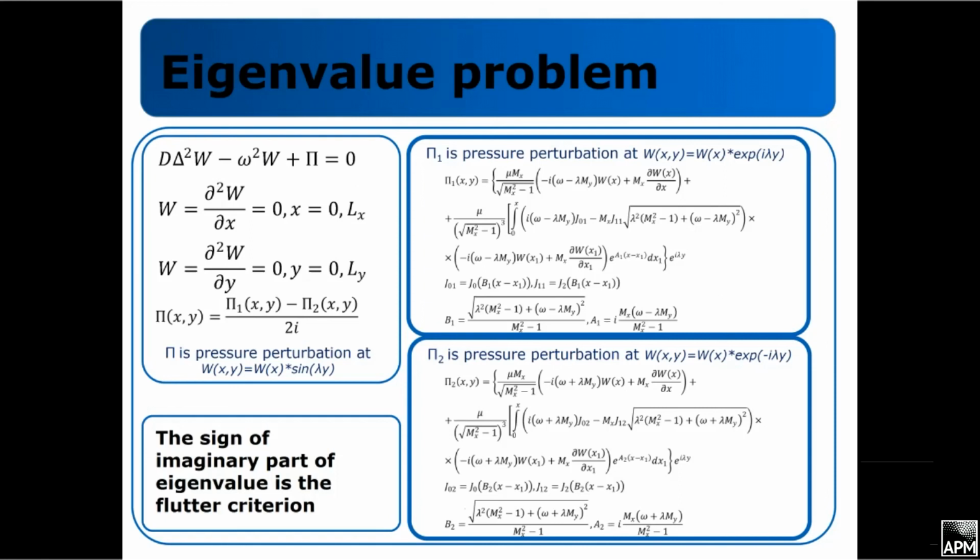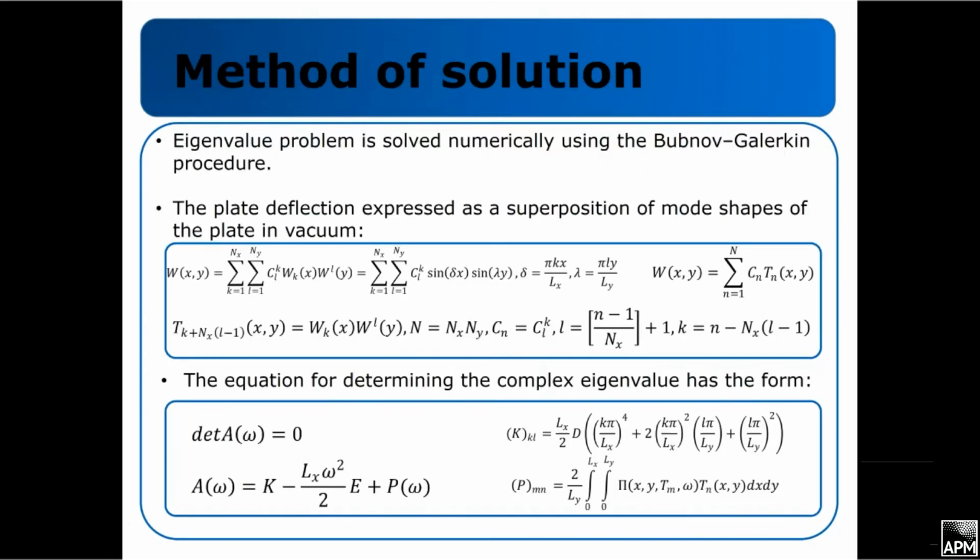And the motion equation after substitution of the expression for pressure perturbation, with boundary conditions, is an eigenvalue problem, and the sign of the imaginary part of the eigenvalue is a flutter criterion. So the method of solution is the following.